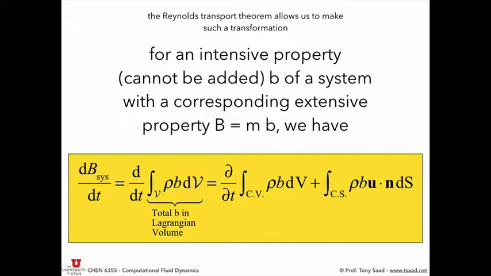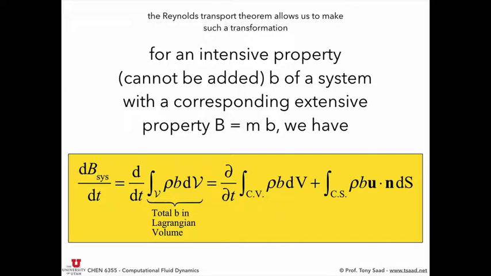Because this is per unit mass. And then the integral over V of rho b delta V. So this gives us the integral quantity, or the total value of B, of lowercase b, in the fluid element. Are we clear so far? The relation between B system and lowercase b. Okay, is this clear?